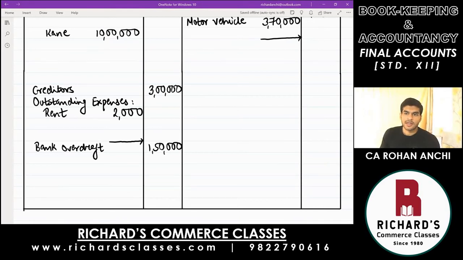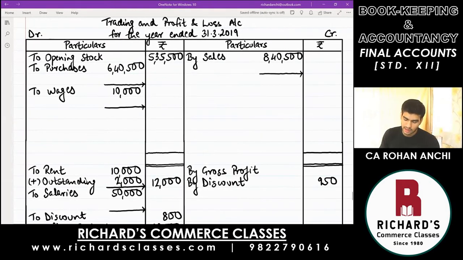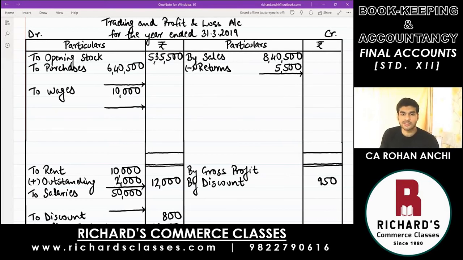Then next is returns. Both are there, sales return and purchase return. The one in the debit is sales return. So deduct from sales, write down, minus returns. That is 5,500. Deduct and tell me sales in the outer column. 8,35,000.